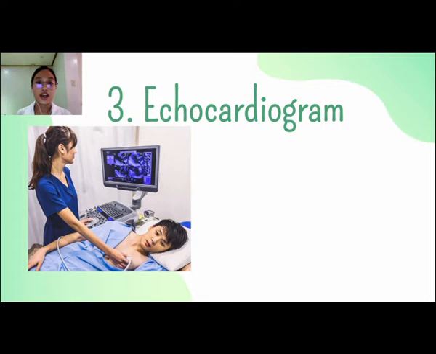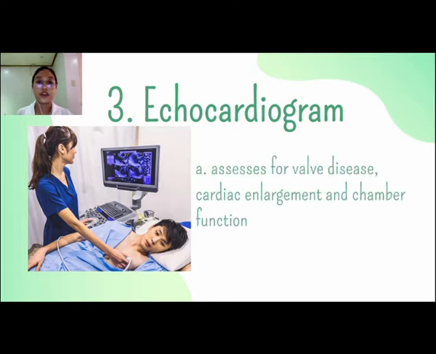Next is the echocardiogram. This will assess valve disease or cardiac enlargement and chamber function. This also helps your doctor to determine whether all parts of the heart wall are contributing normally to the heart's pumping activity.